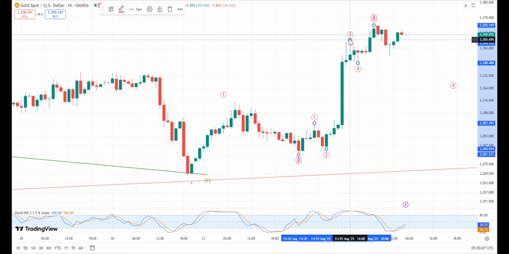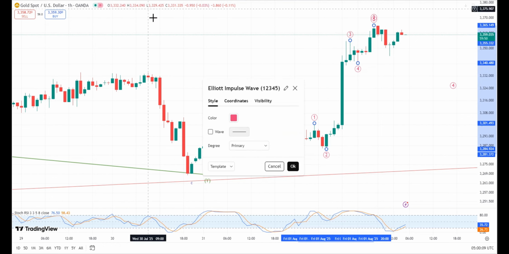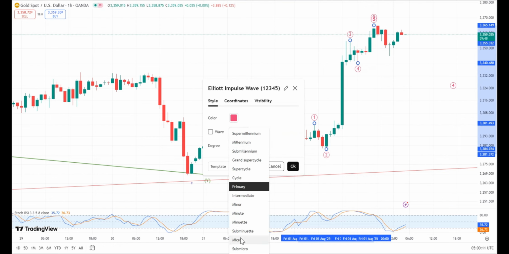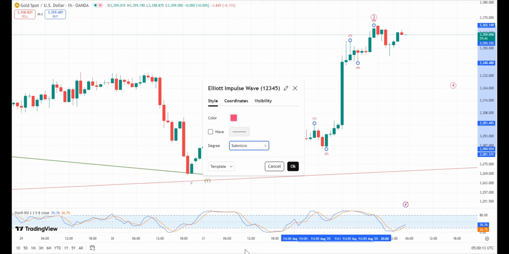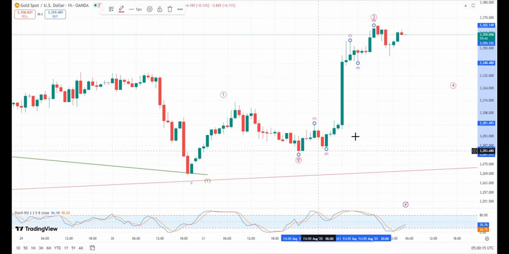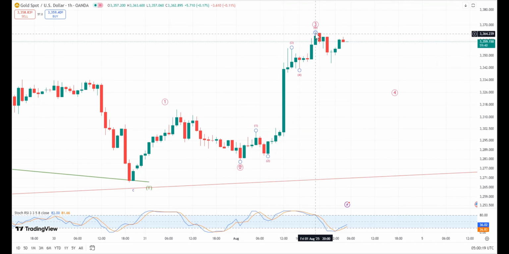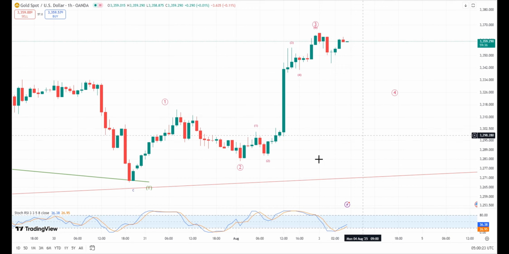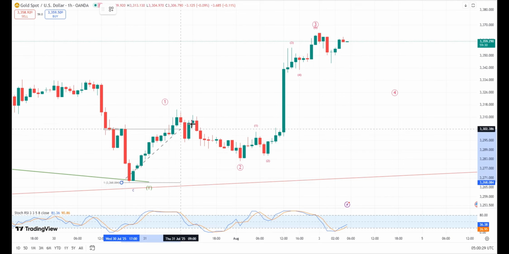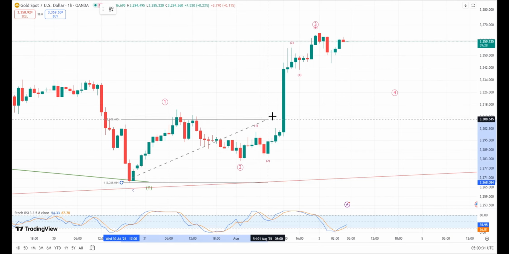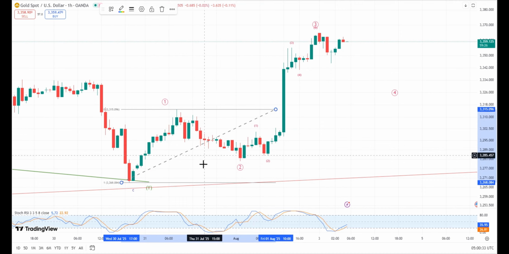So after a wave 3, we should be expecting an A, B, C, D. So if you look at this very well, what was the target for our wave?